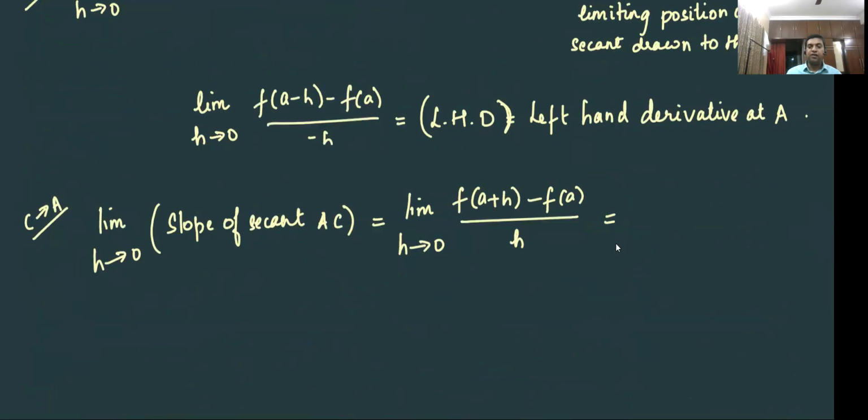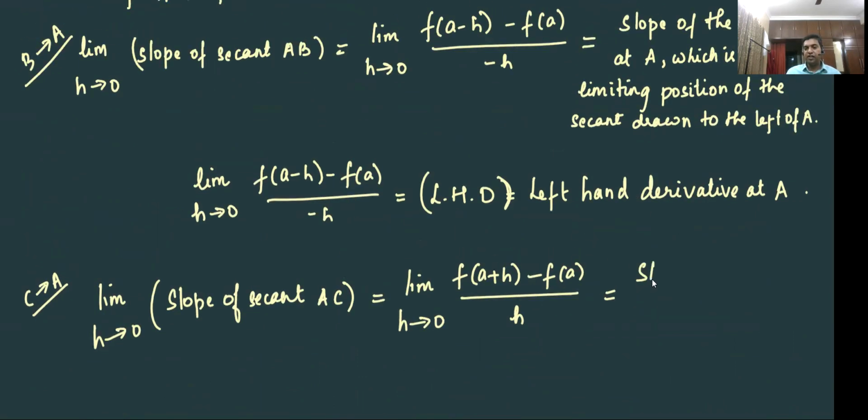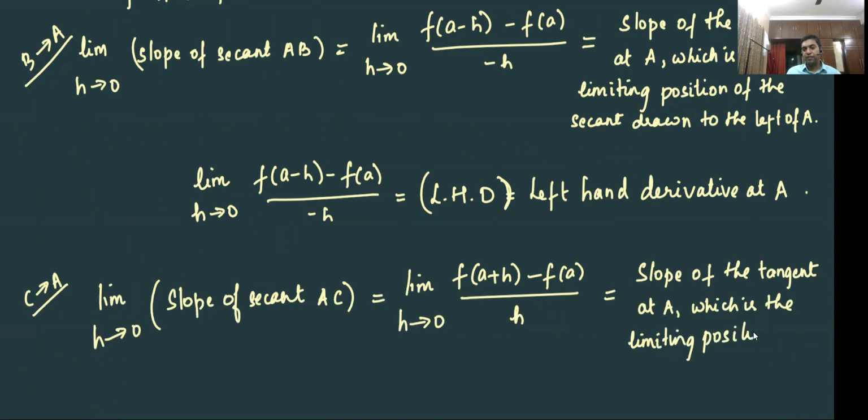Okay, so we call this the slope of the tangent at a, which is the limiting position of the secant drawn to the right of a.